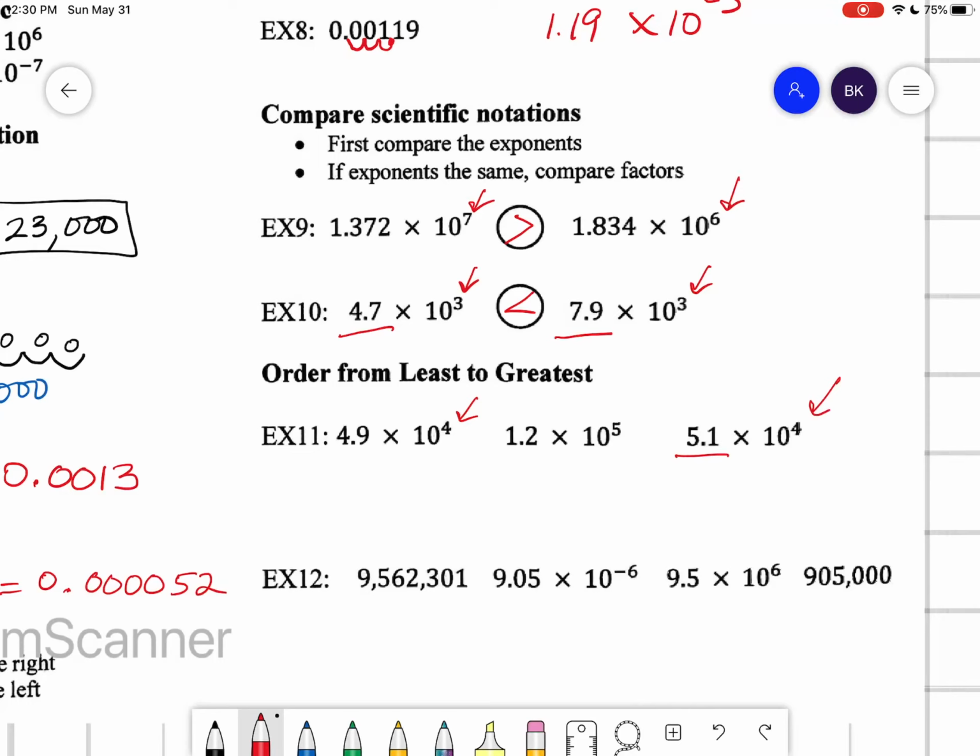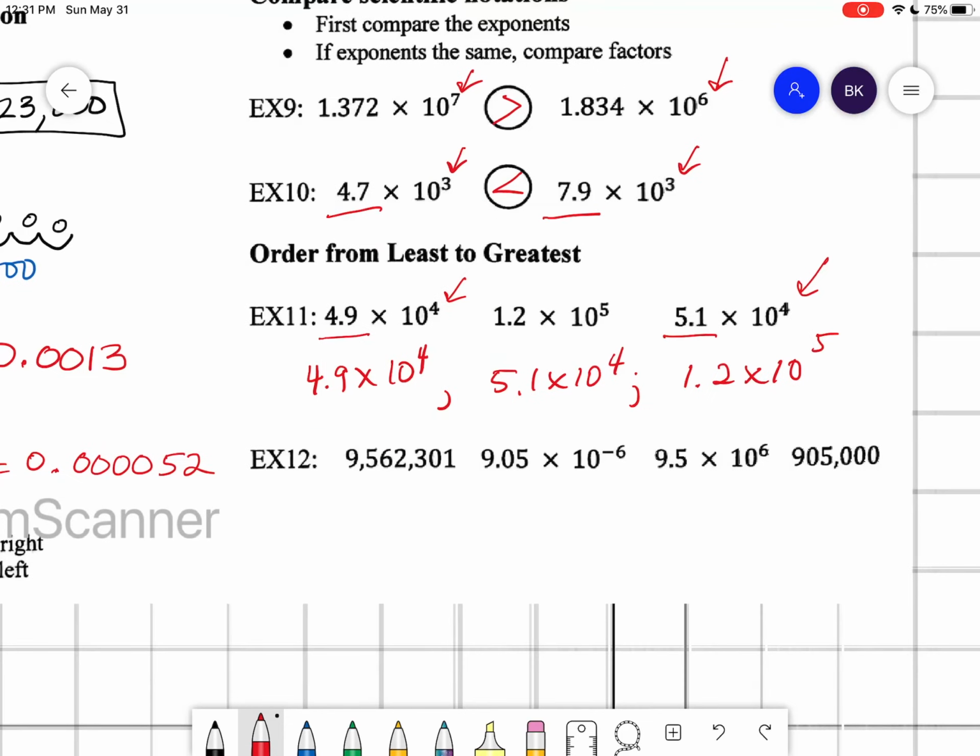So I'm going to take a look at 5.1 and 4.9. And 4.9 is smallest. So this is the smallest scientific notation. Then the next one would be 5.1 times 10 to the 4th power. And finally, the biggest one is 1.2 times 10 to the 5th power.